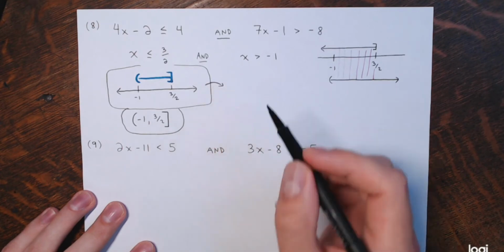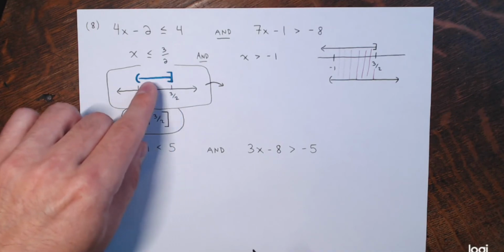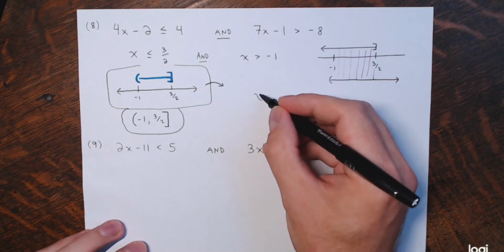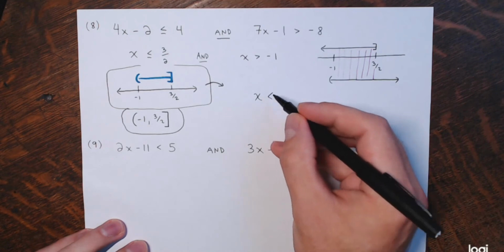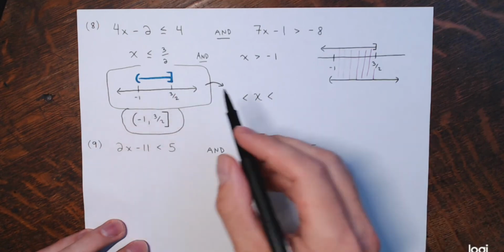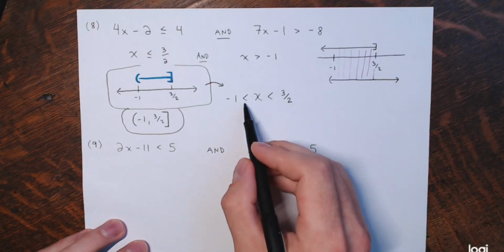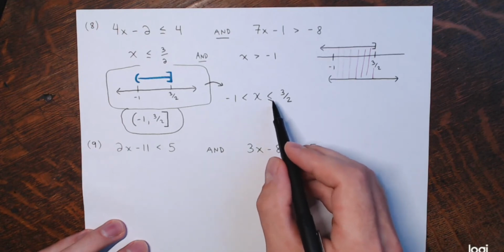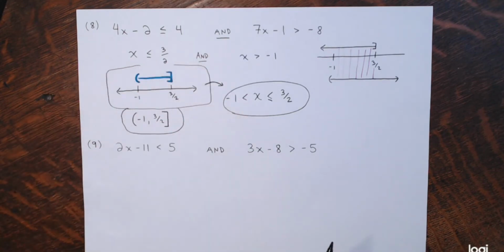And yet again, in the solution picture here, all the solutions are between two numbers, so I can, if I want, write this connected inequality, say all the values of x that satisfy this compound inequality are between -1 and 3 halves, not including -1, but including 3 halves, right? So the or equals sign under that inequality symbol there, and you could express this inequality in this way if you wished as well.